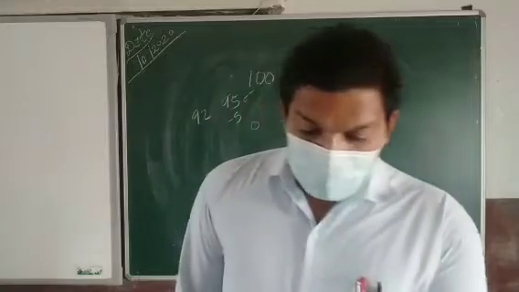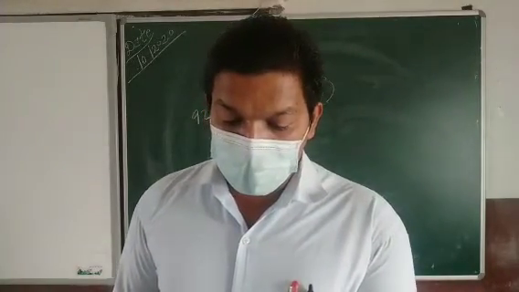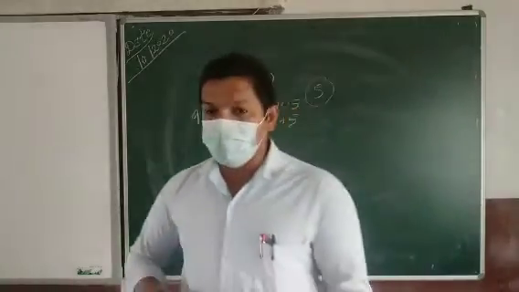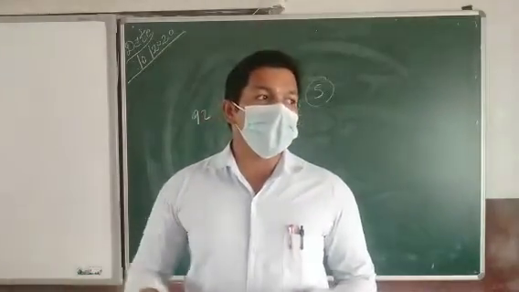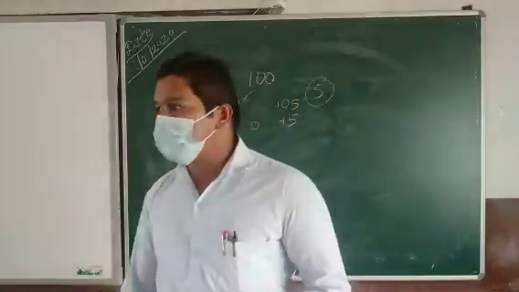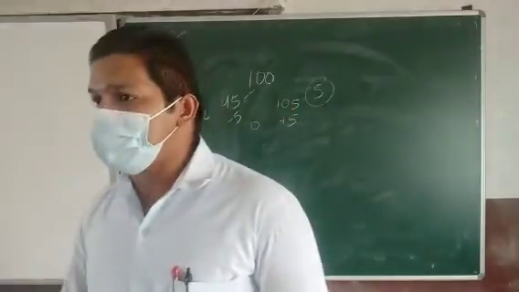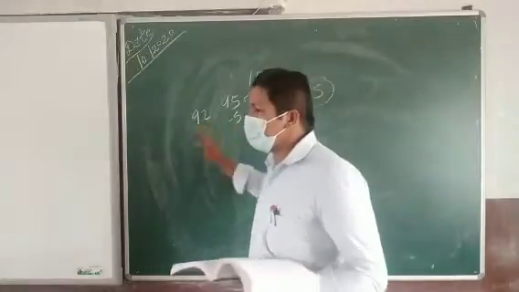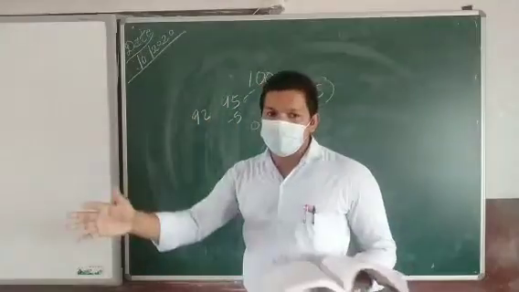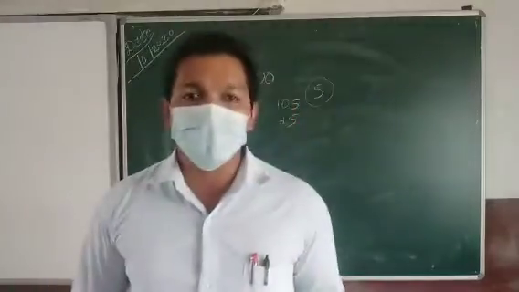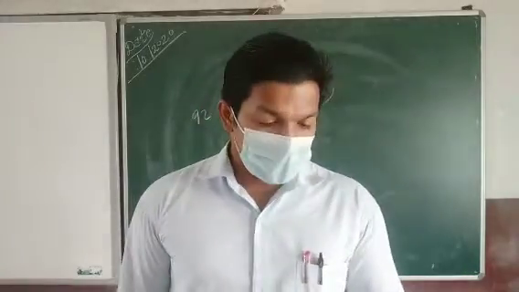Okay. So, next one is the advantage of critical point control and management by exception. There are two methods, critical point control and management by exception. Management by exception means that we set some limits for deviations, and we see to it that even if this much deviation is there, then we will leave it.